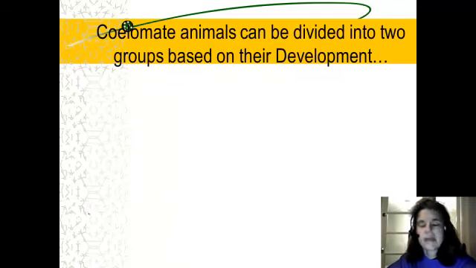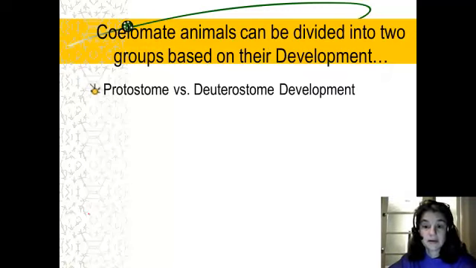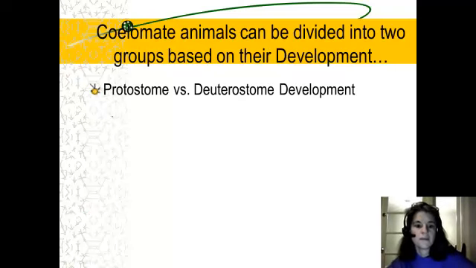All right, now these animals that have a true body cavity, have a true coelom, can be divided into two groups based on how they develop as embryos. These two groups are the protostome group and the deuterostome group.